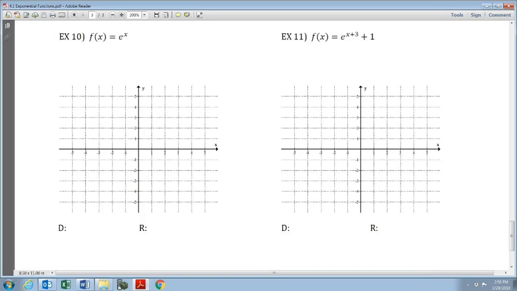Alright, so we're graphing e to the x. It looks kind of complicated. It turns out e is a nice base to work with, and later on we'll talk about logarithms, and base e logs are very easy to work with.